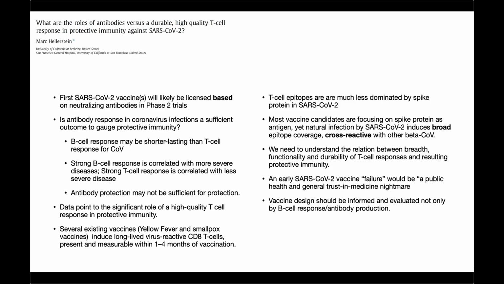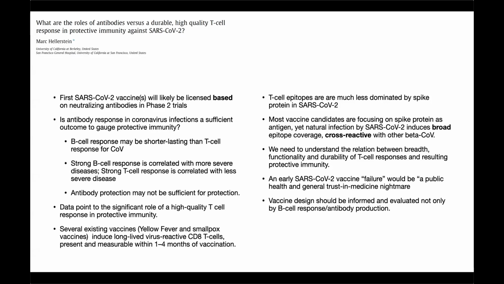So, is this vaccine going to deliver the long-lasting protection we would like to have? As arguments against this, one could say that B-cell response may be shorter lasting than T-cell response for coronaviruses. You'd have to justify this, but let's just accept it at the moment.